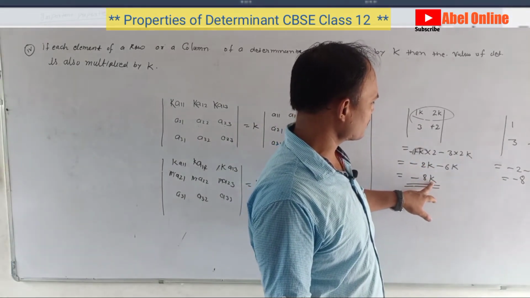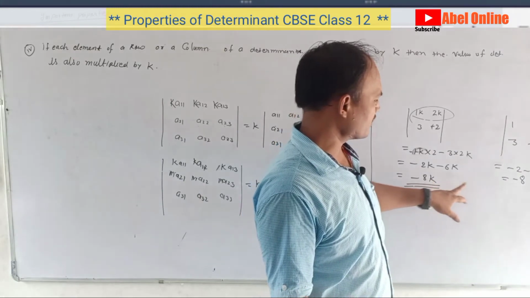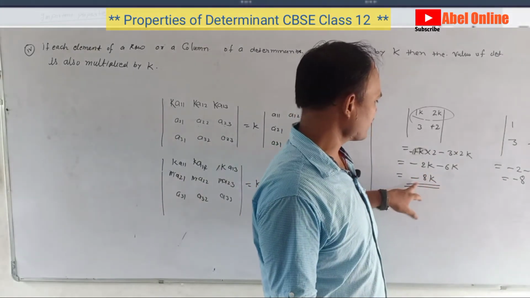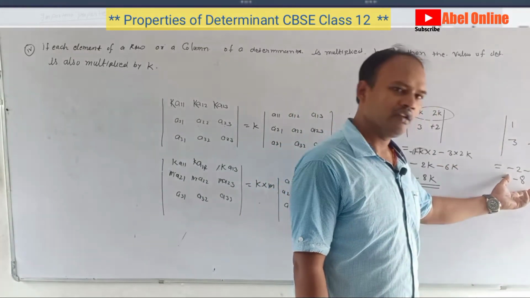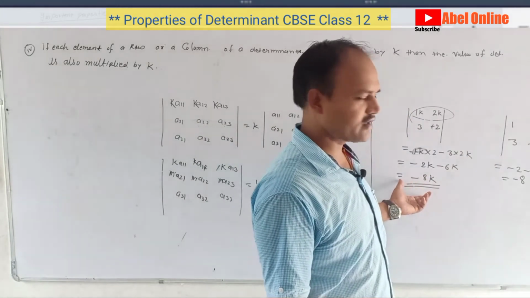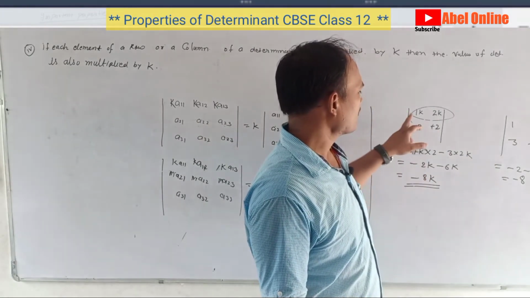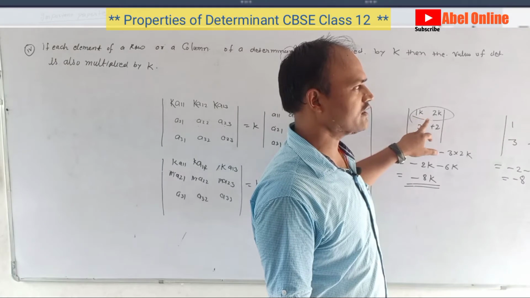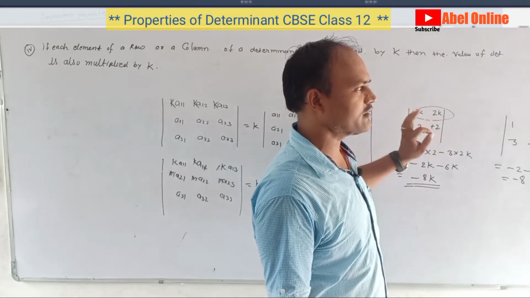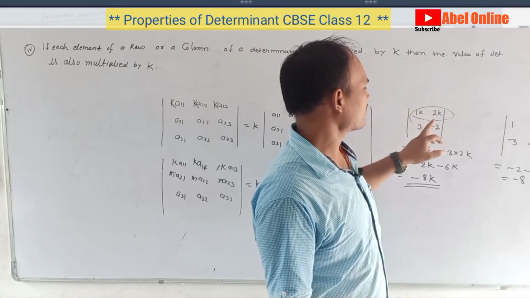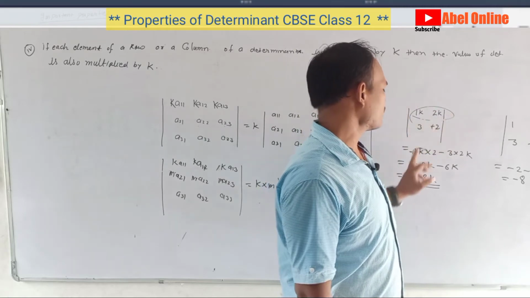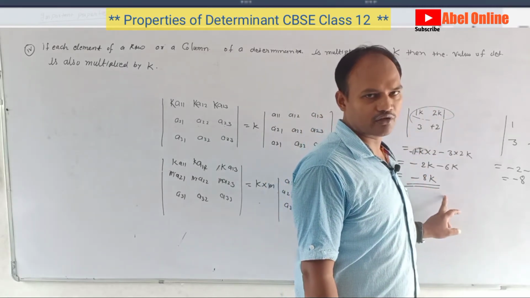So here it is minus 8 and here it is minus 8k. So when we multiply any row or column by any scalar quantity, the value of the determinant is also multiplied by it.